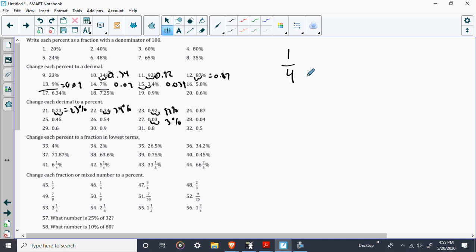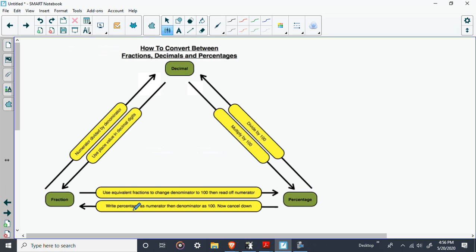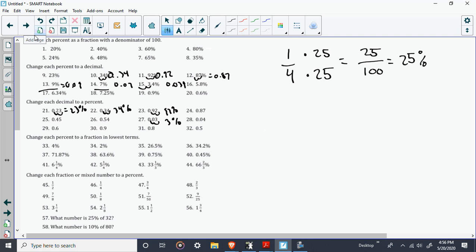Well, it's 4, and I know that 4 times 25 makes 100, right? Well, if I multiply the bottom by 25, I have to multiply the top by 25. That becomes 25 over 100, which equals 25%. Okay, so that is the kind of short way, which again is more useful if you don't have a calculator, and it gives you a better kind of conceptual understanding.